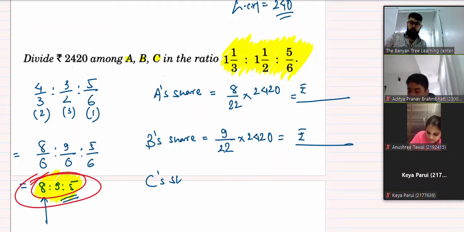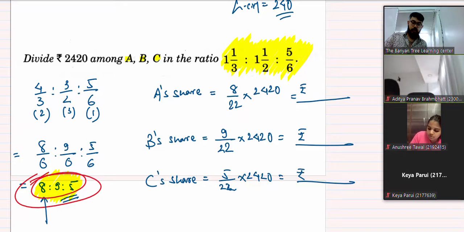So C's share will be 5 by 22 times 2420. Please find each of their shares by doing the calculation and tell me the answer.